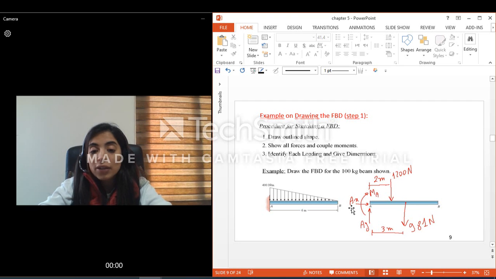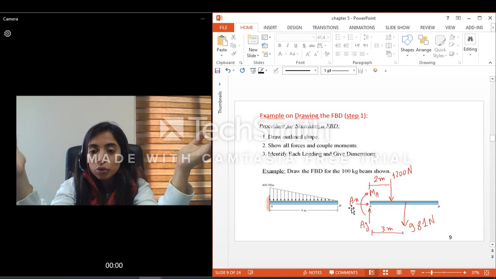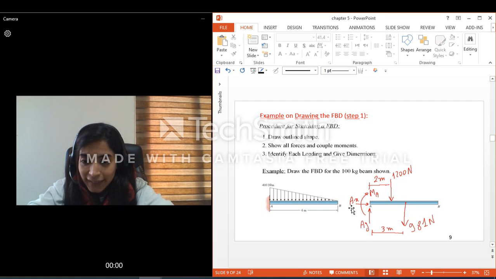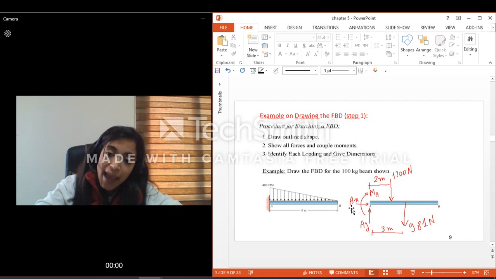Here, I know that AX and AY are intersecting at one point, which is A, because basically the reactions are at A. Which means if I take the sum of moments around A, I can get rid of two unknowns, AX and AY, and then I can find MA.